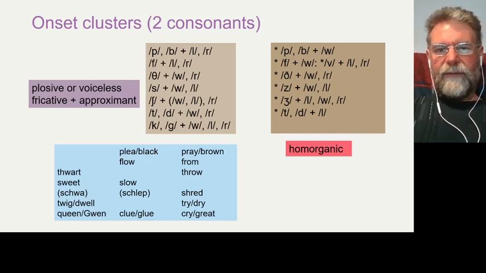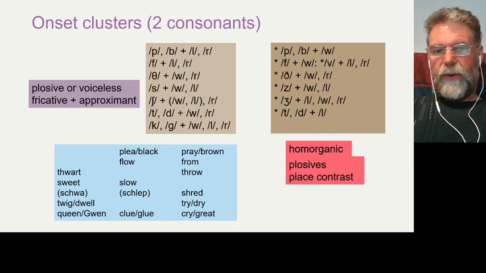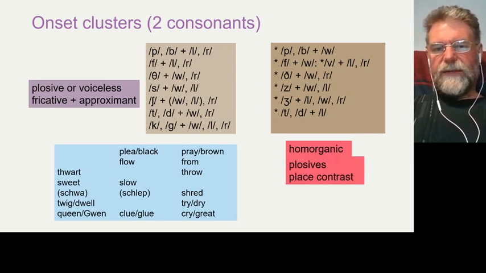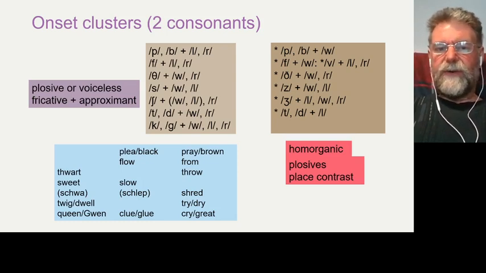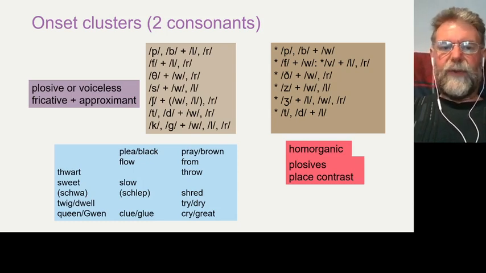So what we seem to have is a restriction with plosives that means the place has to contrast. That is, you can't have a homorganic approximant with a plosive. So p and b can't go with w, but can go with a non-labial l or r, because there will be a contrast.